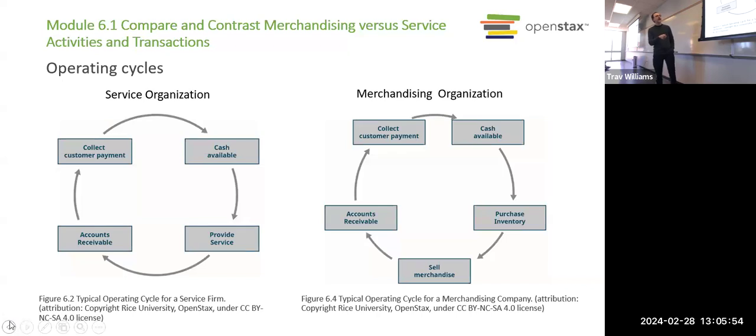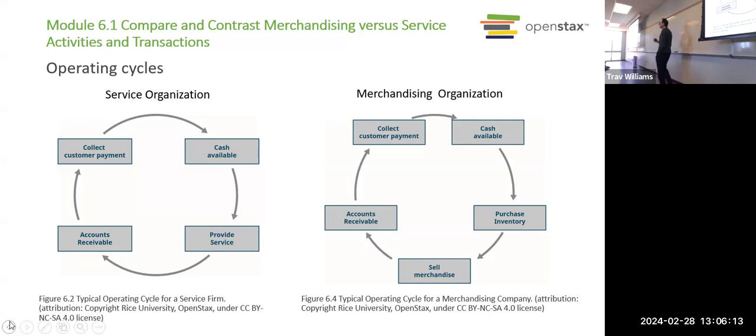All right. So we talked about how service companies don't sell a product, right? So their operating cycle is pretty streamlined because they don't have to worry about physical goods. However, merchandisers buy inventory and then they sell it, right?